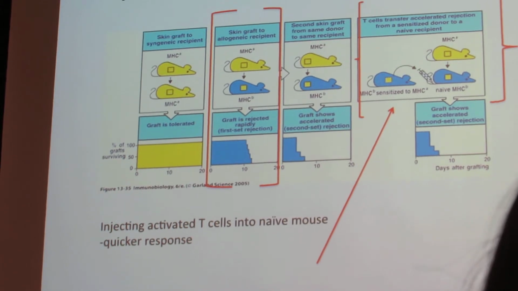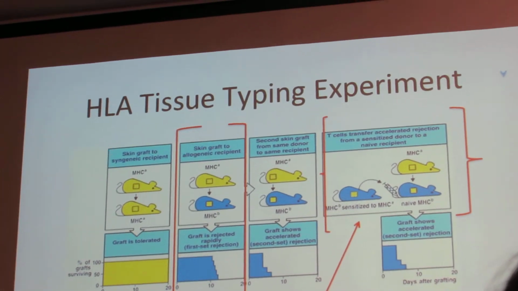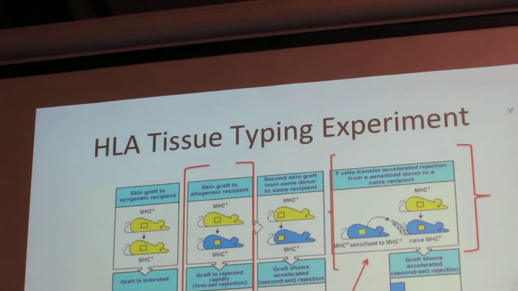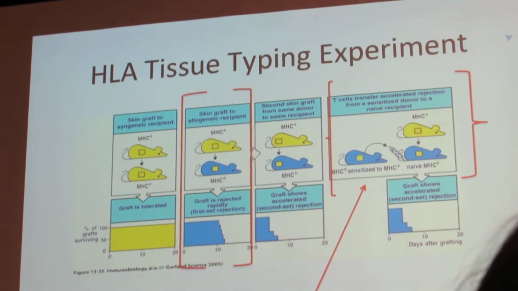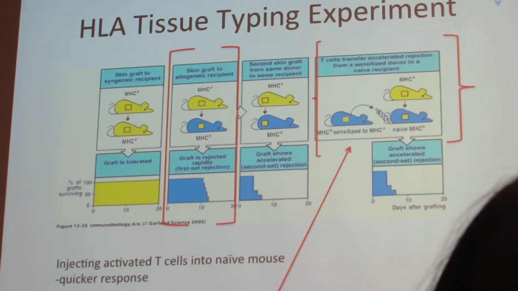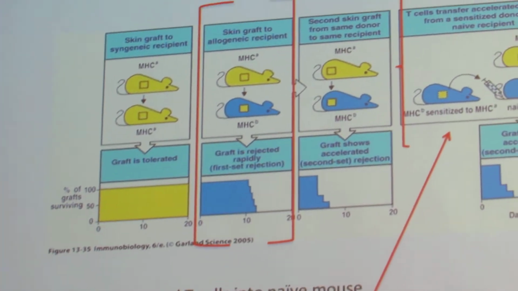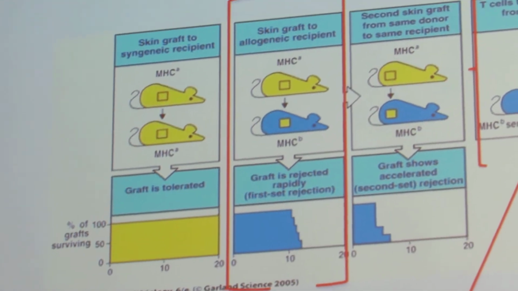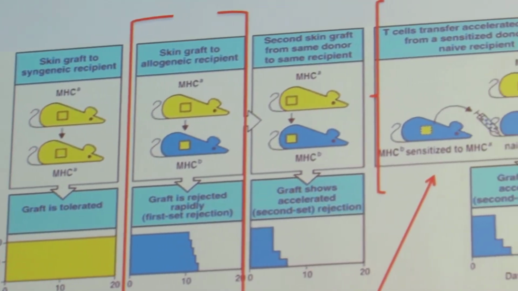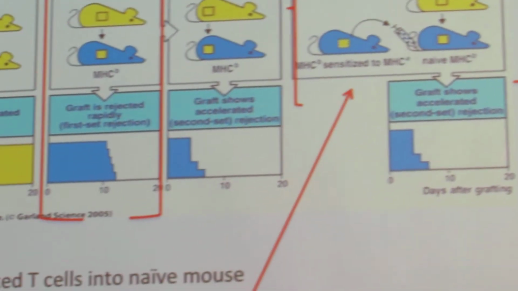So this is one of the classic experiments Dr. Z has. I tried to break it down here. The two brackets are what's important. On the first, you're just seeing one skin graft being transplanted to a completely different mouse with a different set of MHCs. So the compatibility isn't there. And what you see here is after about 10 days, that's what's on the y-axis, the rejection occurs and 100% of the animals will have total rejection of that skin graft.